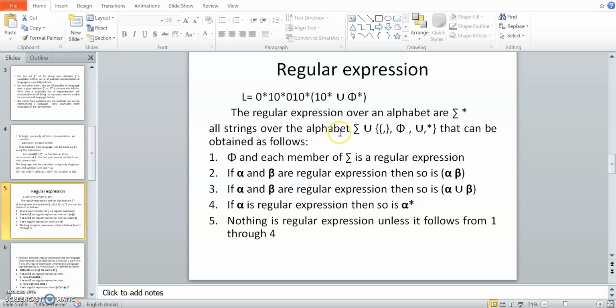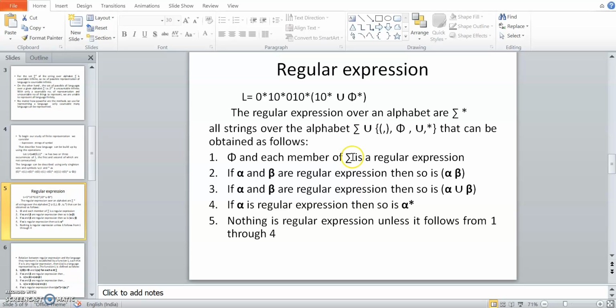So, how do we write a regular expression? The rules are given as follows. Theta or phi, I can say, and each member of the alphabet is a regular expression. What is phi? It is the empty set. That can also be a regular expression.